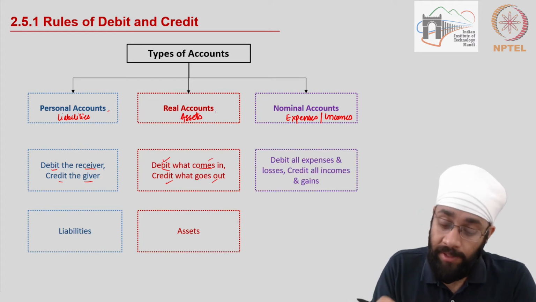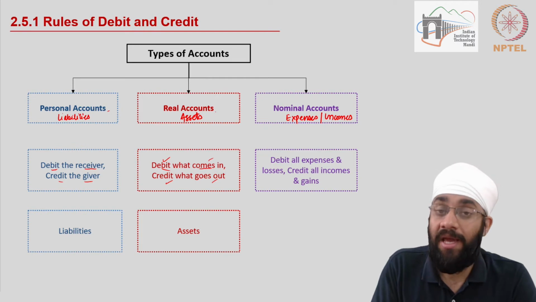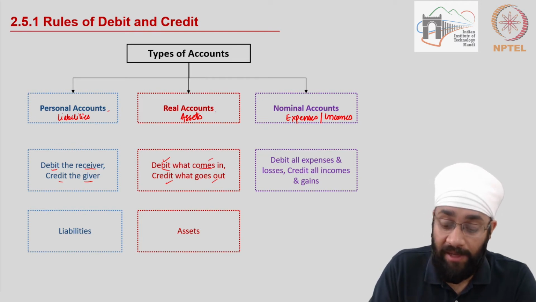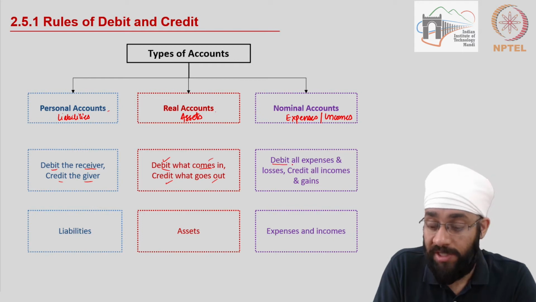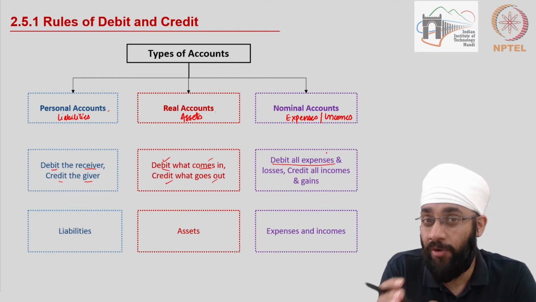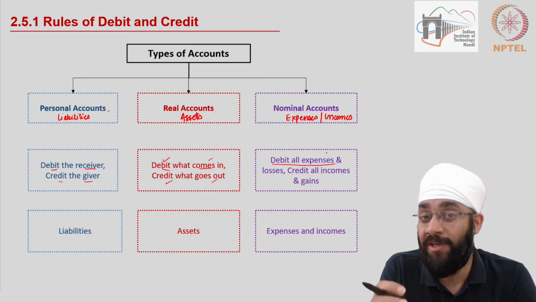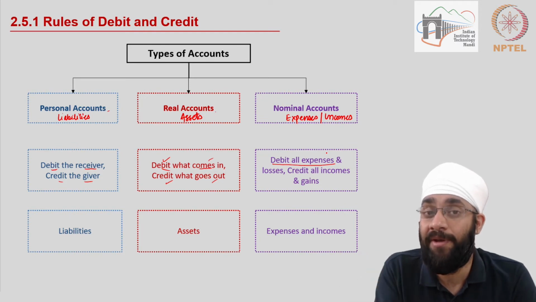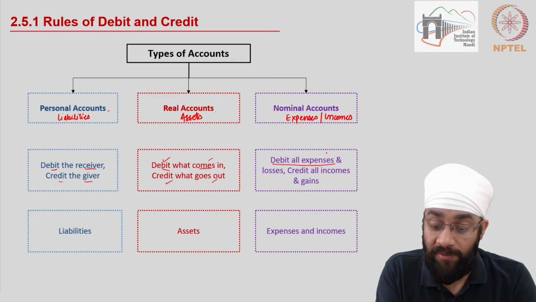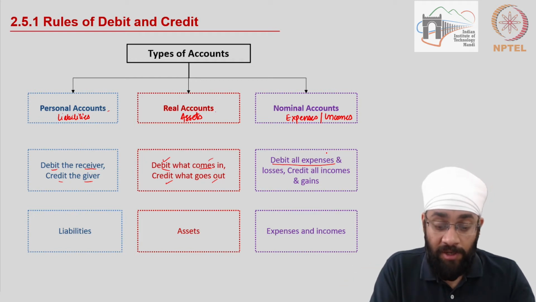Nominal accounts: debit all expenses and losses and credit all incomes and gains. So whenever you are spending on an expense, such as rent and salary, we say that it's an increase in the claim of the business, and hence we give it a debit. And the opposite, for the credit. You already knew all of this.